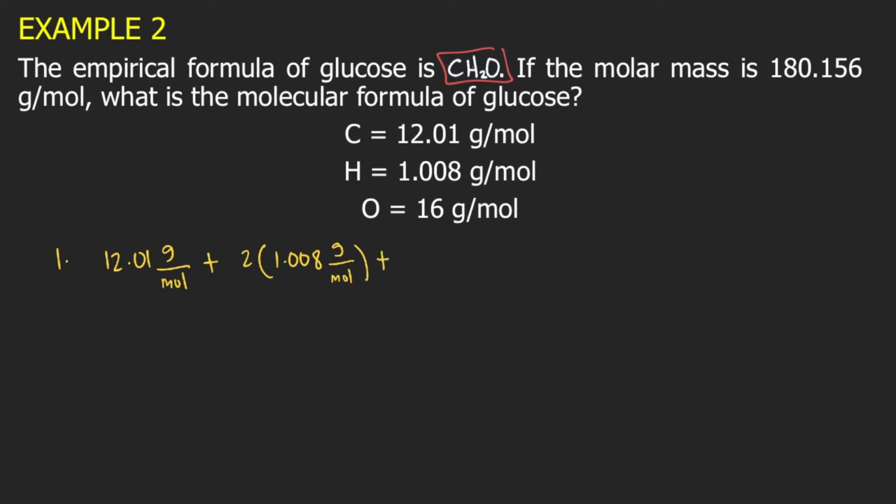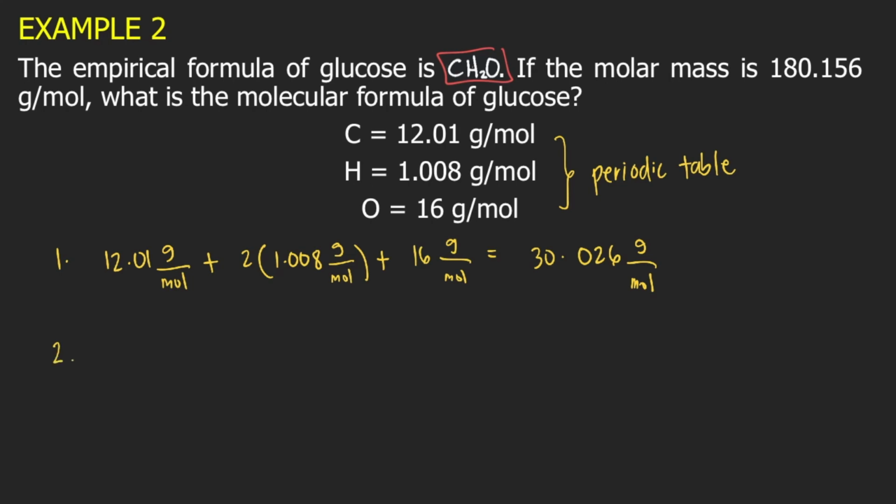There's 1 oxygen, 16 grams per mole. By the way, these atomic masses, you can get them from the periodic table of elements. So if you solve for the empirical formula mass, this is equal to 30.026 grams per mole.